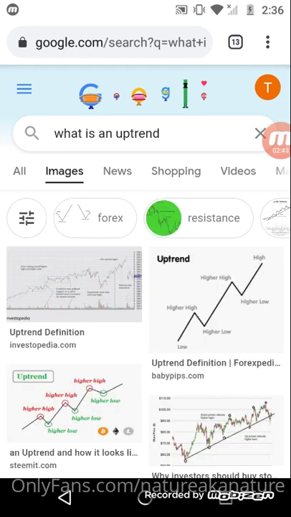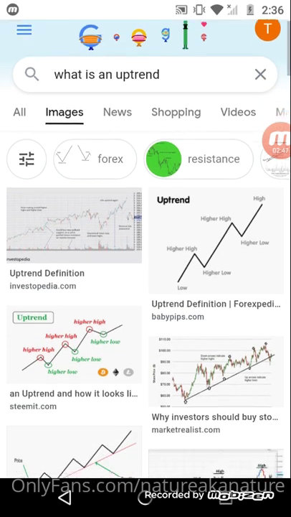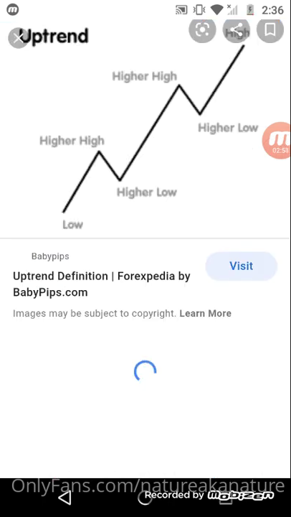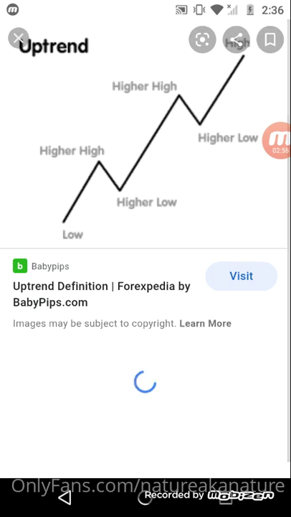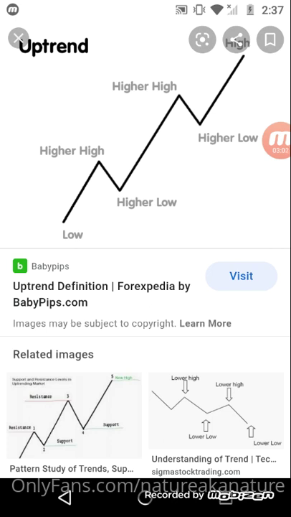An uptrend consists of higher highs and higher lows. As you can see right here, higher highs. An uptrend must make a higher high, and then it's gotta make a higher low, and then it has to make a higher high. So this higher high is higher than that higher high.